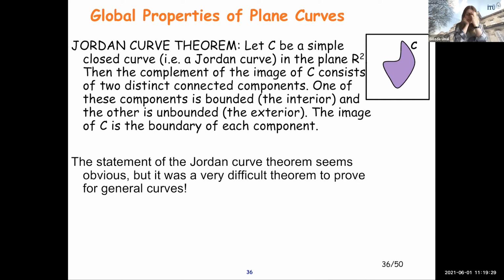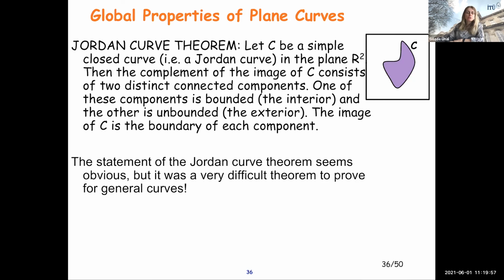I mean, this seems very obvious to you, but for mathematicians, they went through a lot of trouble to prove this theorem. Okay, a simple curve partitioning the space into two. I think this was a very difficult theorem to prove. This is called the Jordan curve theorem.